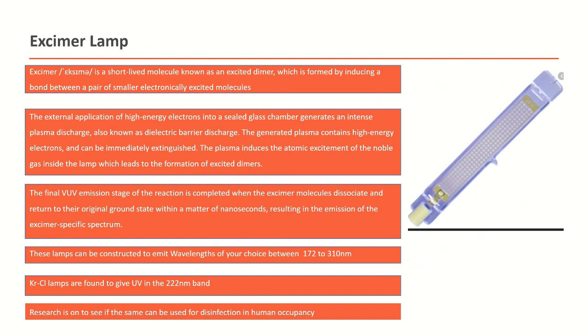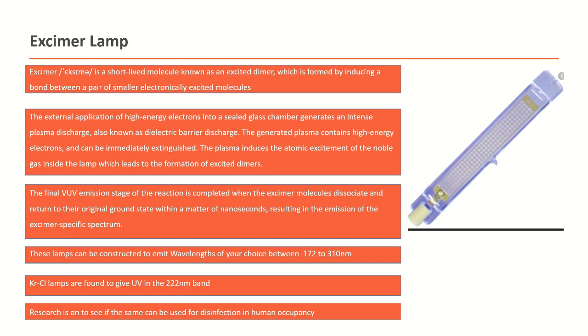Then we come to excimer lamps, or excited molecule lamps. In these lamps, you have a glass tube in which a particular type of noble gas is filled, and the molecules inside are excited by high energy electrons.